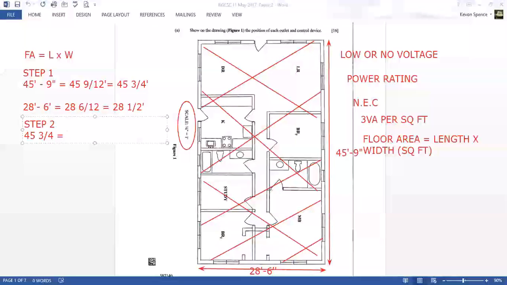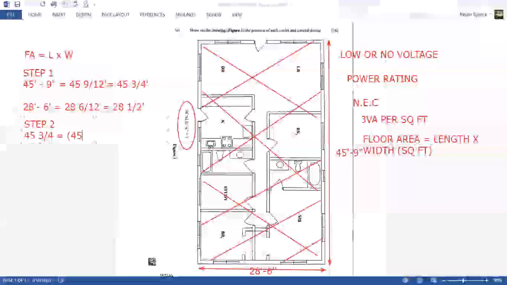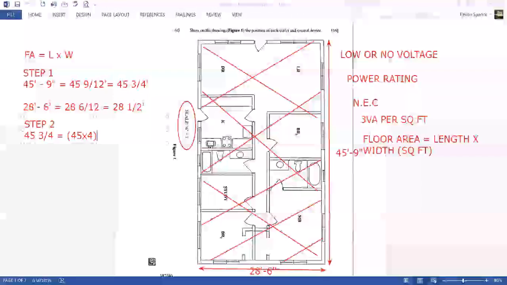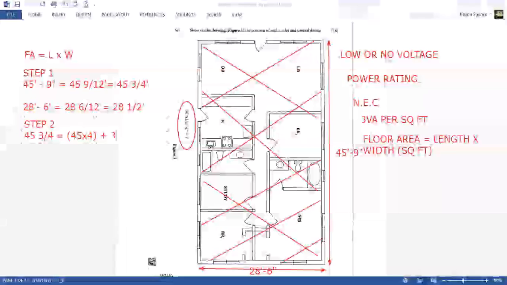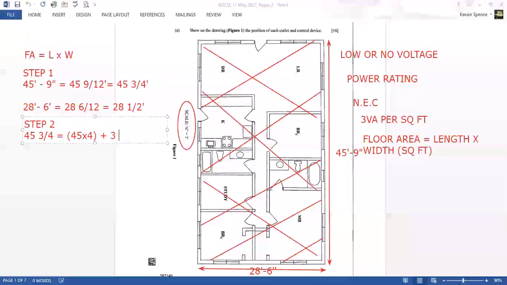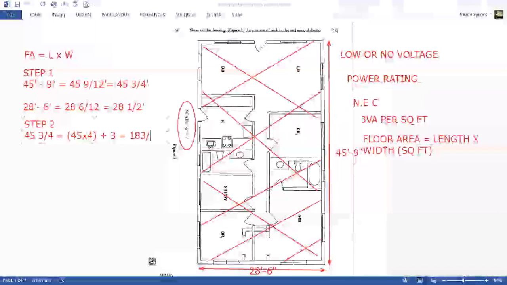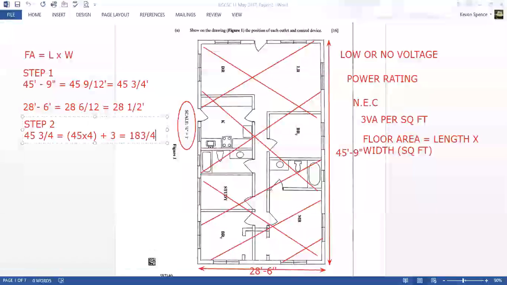To do that, for the denominator, which is 4, we multiply the whole number by the denominator, and we add the numerator, which is 3, and our answer is 183. So we'll get 183, and we put that over 4.